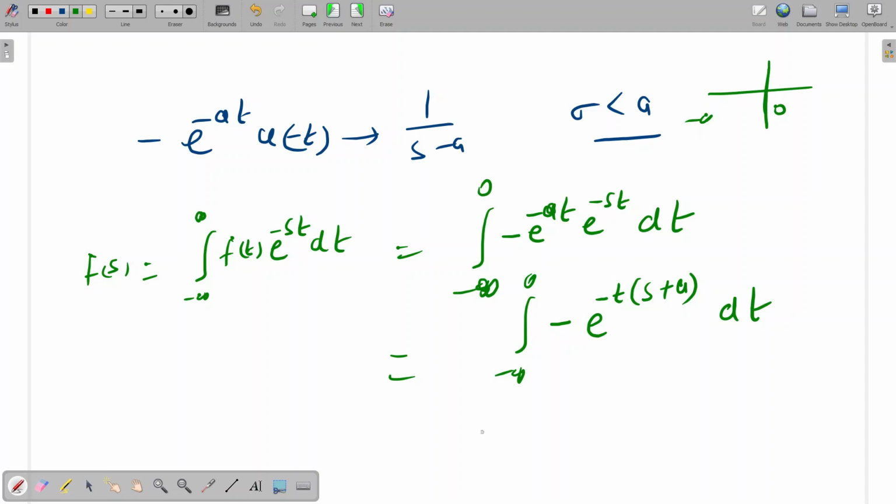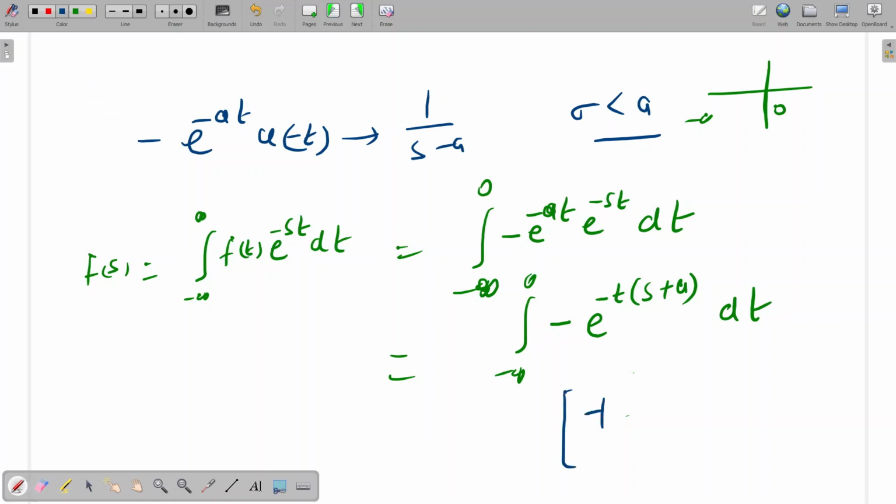Yes, sir. And if I am taking 0 to infinity, t should be multiplied by minus 1, I think: minus e to the power t(s plus a). Is it correct? Or without changing we can also do this directly. No need to change. Directly we can write the integral of this one. What will be the integral?